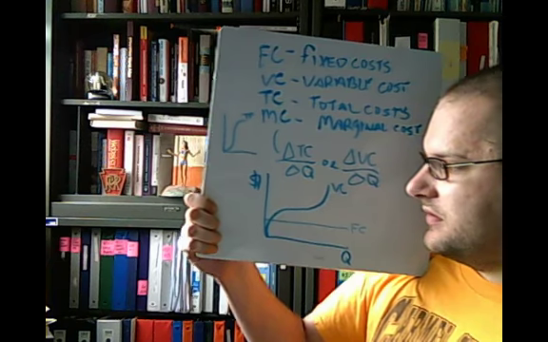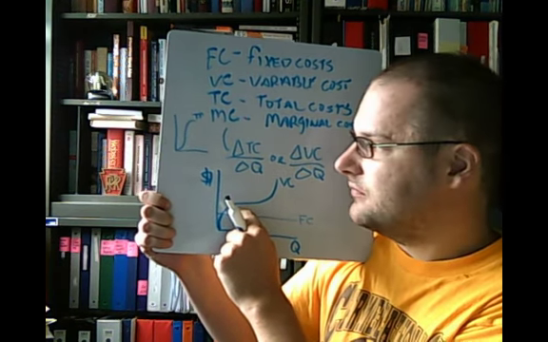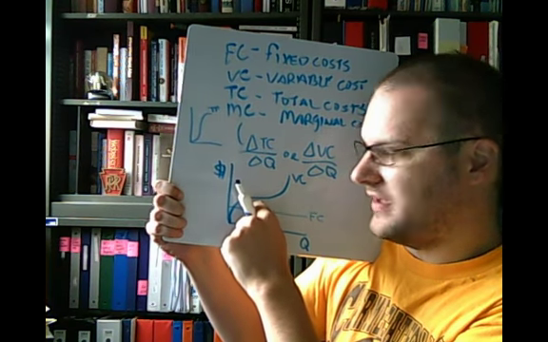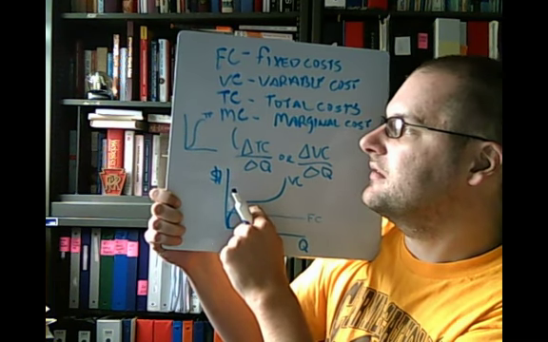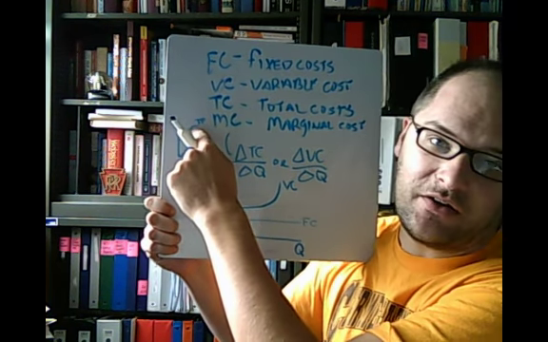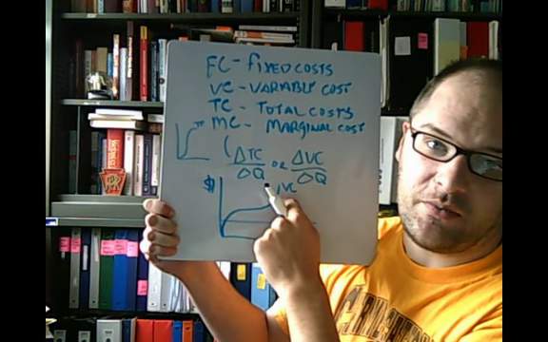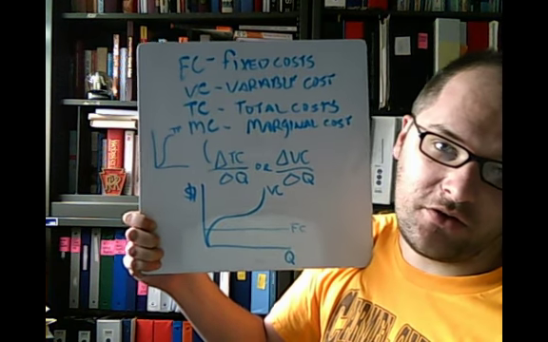Which would mean that this is going to become flatter and flatter. As this is getting steeper and steeper, this is getting flatter and flatter. And then, as this gets flatter and flatter, this becomes steeper and steeper.